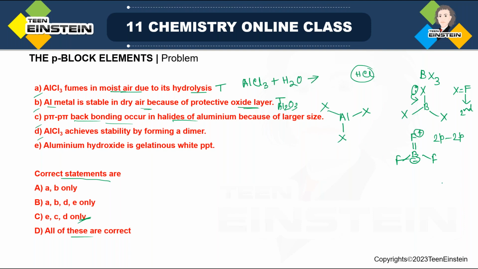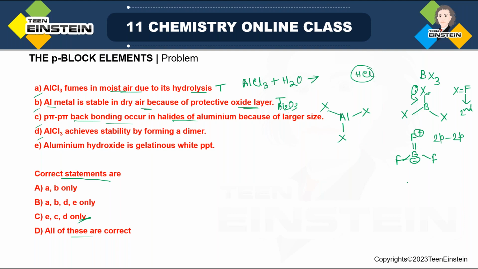So when the size of the p orbital is very small, then only the back bonding is very effective. Now if X is changed from F to Cl to Br to I, gradually the pi bonding efficiency will decrease because of increase in size. So good p pi back bonding is only possible when it is small and compact.